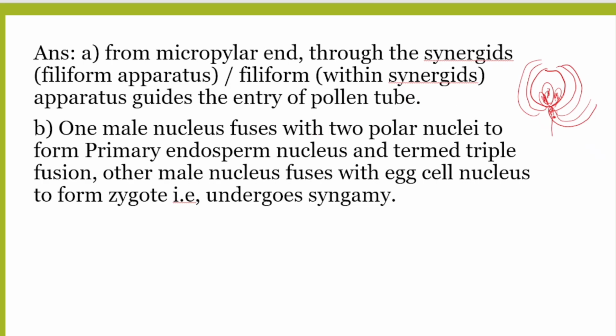And two male nuclei are there. Okay, so one male nucleus will fuse with the egg. So male nucleus plus the female gamete gives the zygote, which is diploid. So this process is called fertilization or syngamy, whereas there are polar nuclei in the center.